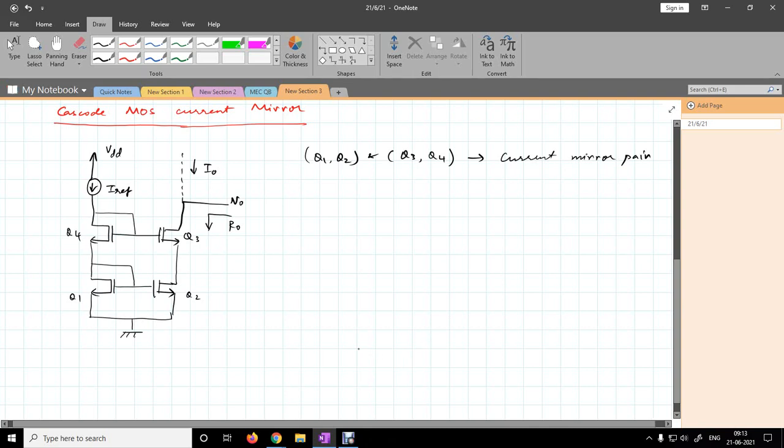Then Q4 actually provides the bias voltage to the gate of Q1. If you look at this, the voltage at this point and this point are the same. So Q4 provides the bias voltage, and when I say bias voltage, I mean gate voltage, to Q3 and Q1.